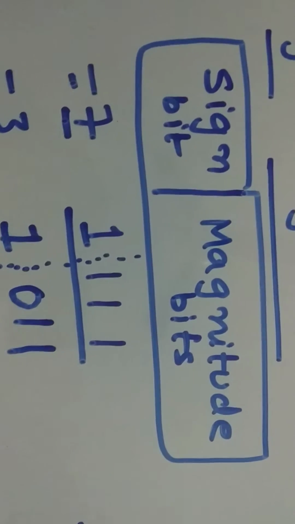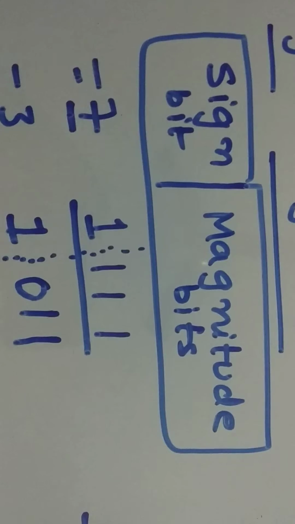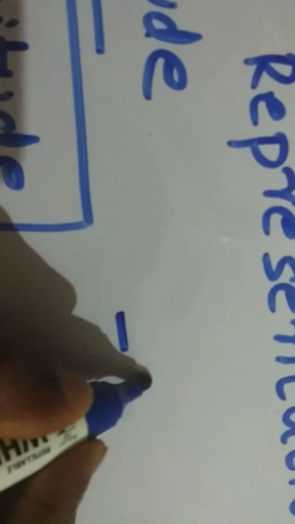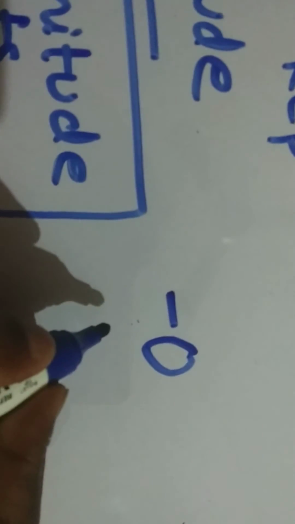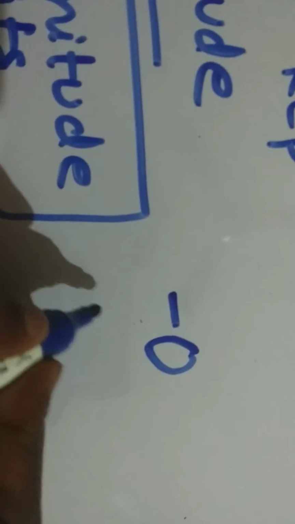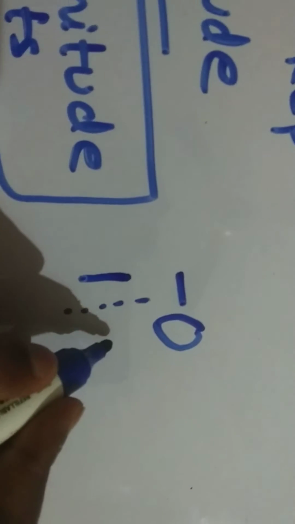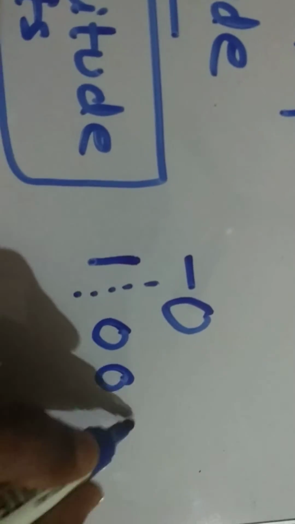The problem with the sign magnitude form arises when we have -0. Let us consider -0. It can be represented in sign magnitude form with a sign bit of 1 followed by all zeros.